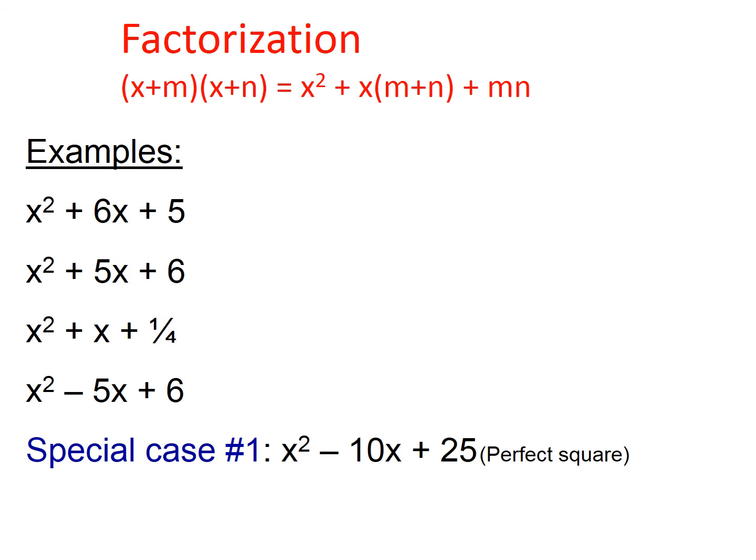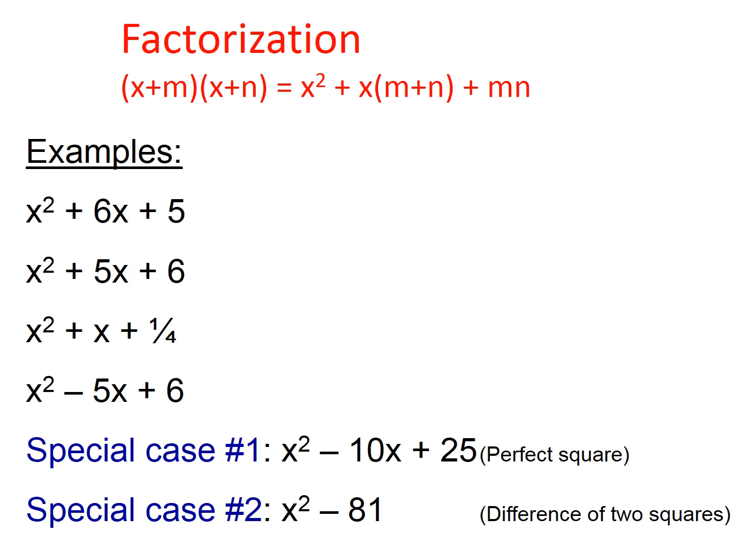And we'll just end on these last two examples, where we've got what we would call a perfect square. If we try and work out what the two things in brackets are for this one, we want two numbers that you times together to get 25, and you add together to get minus 10.